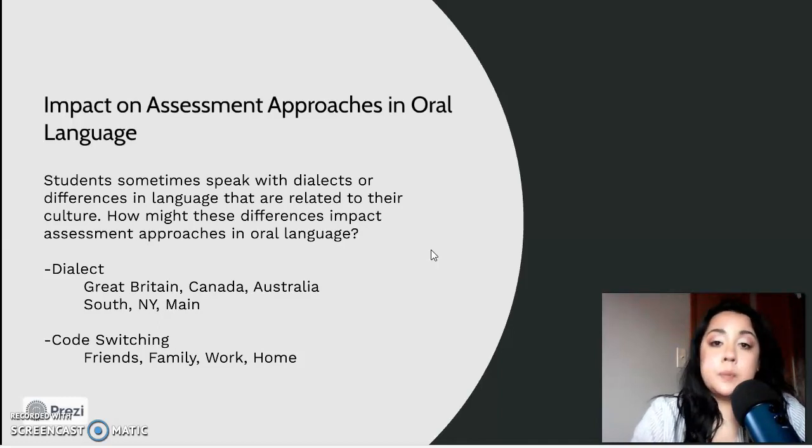And then in our textbook, Wiig and Semel, they speak about code switching. Code switching is how we use our dialects differently, how we speak between friends and family or work and home. For example, my mother is Filipino and she speaks very good English, how I speak, I guess, my dialect.